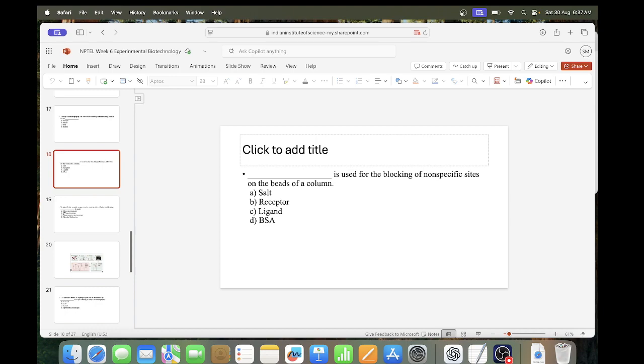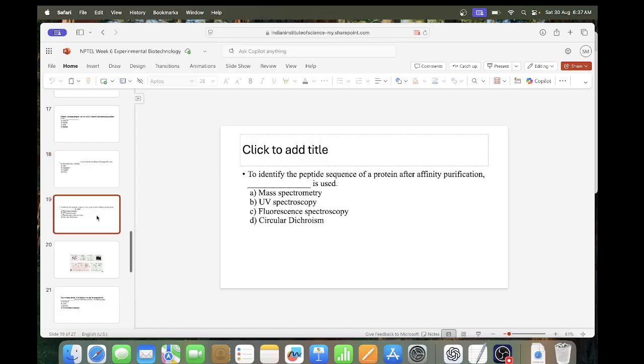In this case, we use BSA because it has charges that could compensate for non-specific interactions. So when we put our protein of interest, only our protein of interest could bind, and other random proteins would most probably not bind. So that is why the right answer here is BSA, for blocking non-specific sites on the beads of a column.